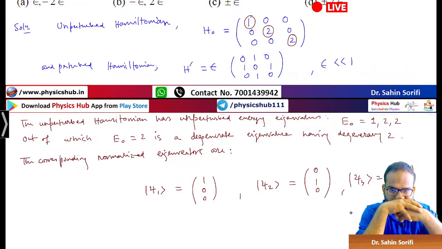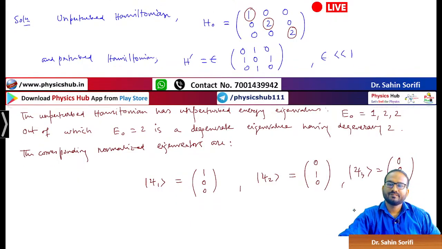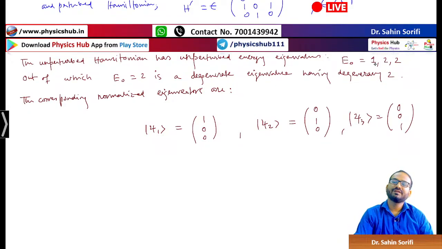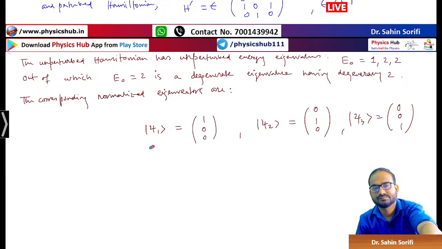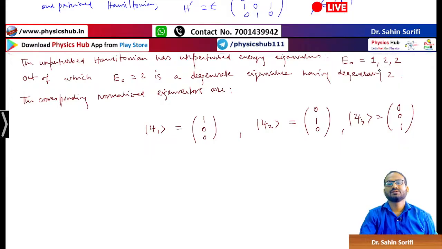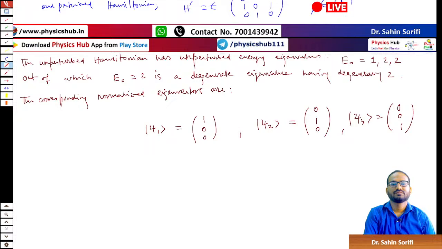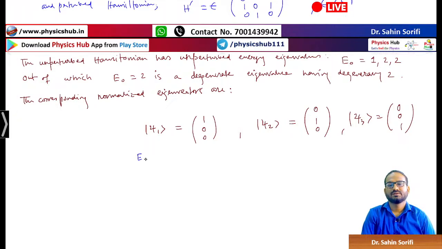These correspond to E0 equals 1, then 2, then 2. So 3 eigenvectors you will get. The eigenvalues may be the same, but the eigenvectors will be different. Okay.